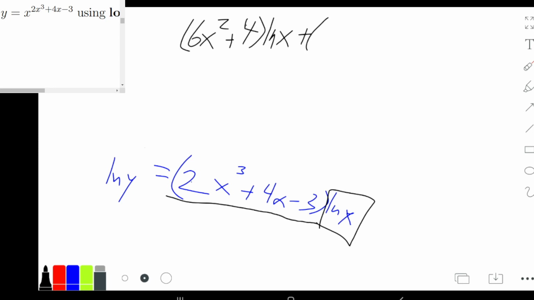And now we leave the polynomial alone, 2x cubed plus 4x minus 3, and we take the derivative of ln x, which is just 1 over x. And this is all equal to the derivative of ln y, which, as always, is just y prime over y.